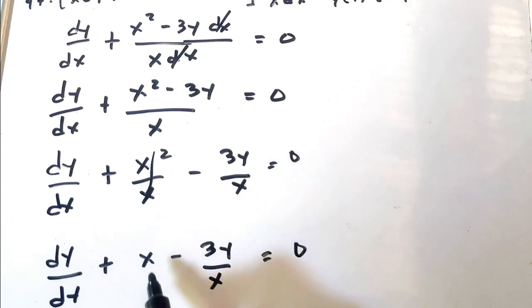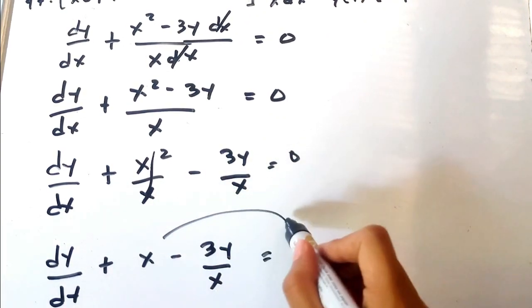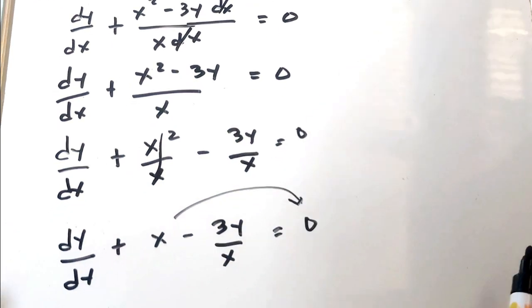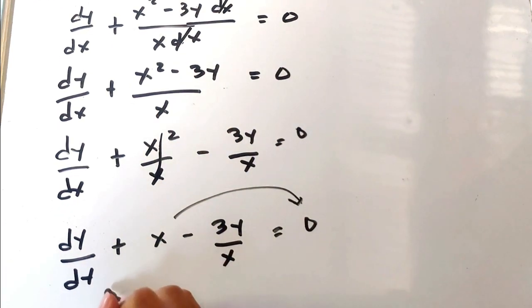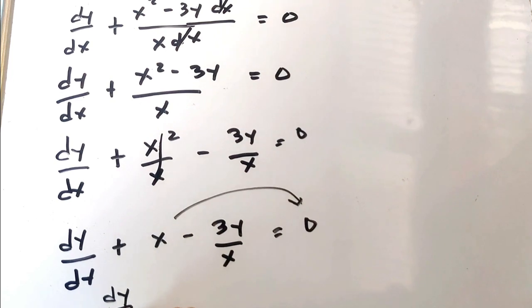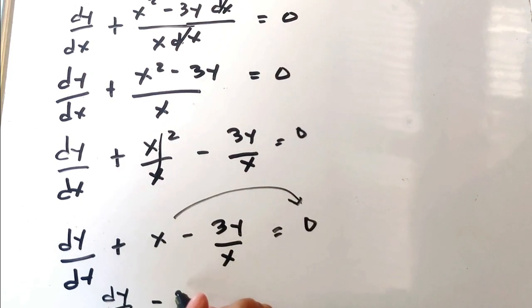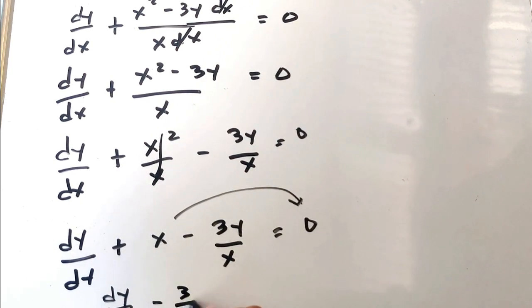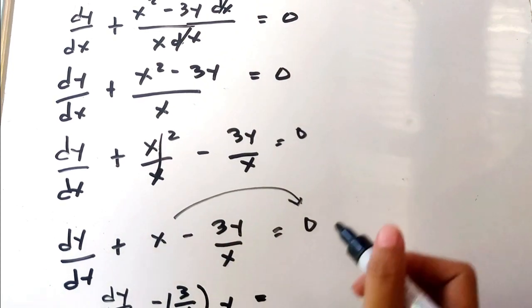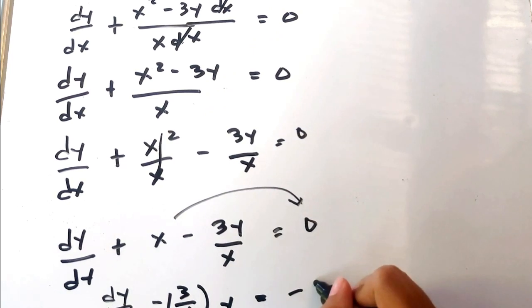Then we can transpose x here. So dy over dx minus 3 over x times y is equal now to negative x.